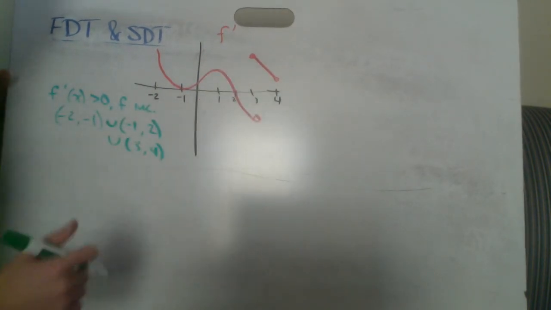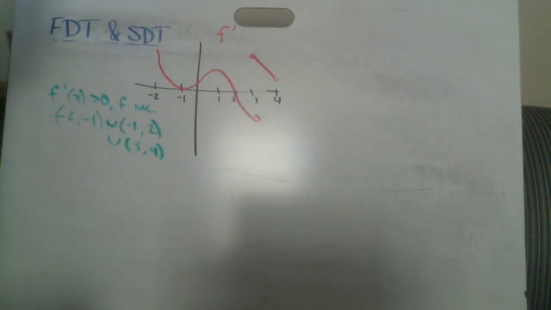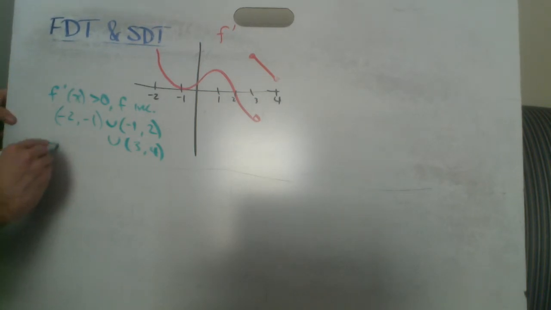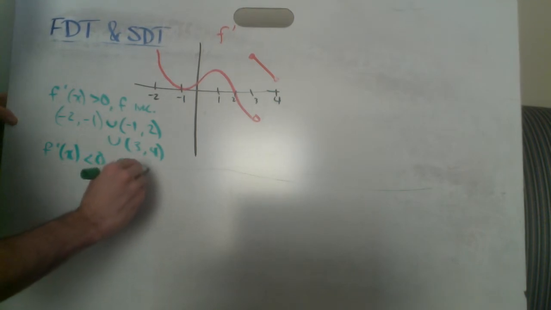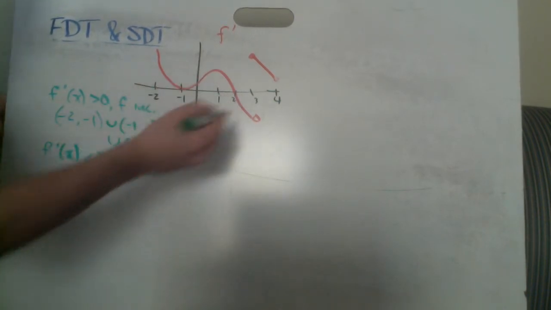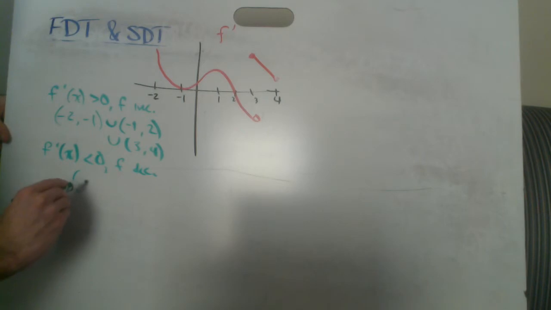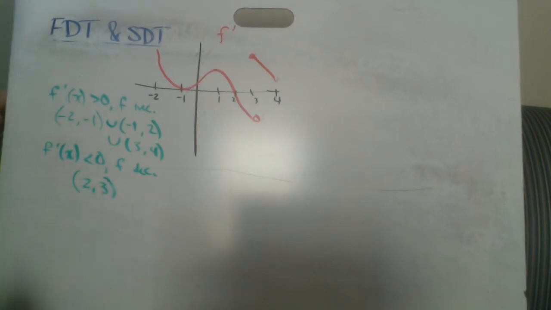Make that an open circle. Great. Next, when f prime is negative, we know our function is decreasing. And this only happens once on this interval, and it's from 2 to 3. So I have all of these.